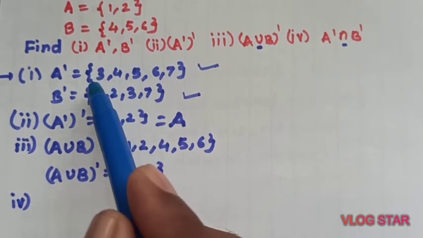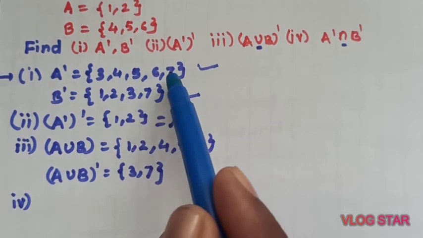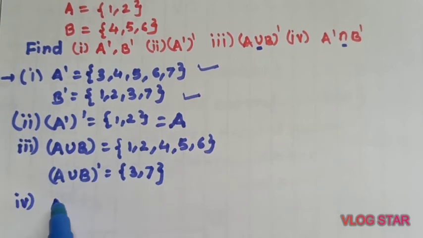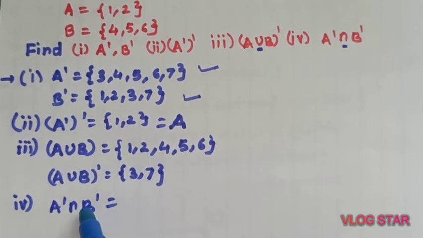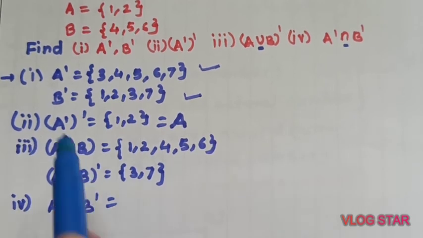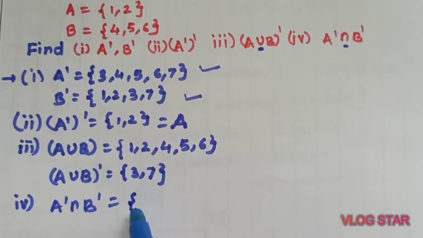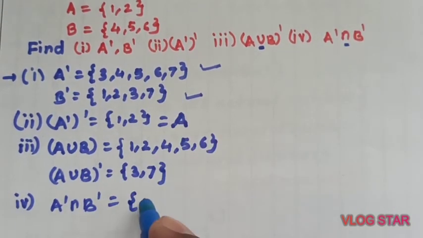The common element in them is 3 and 7. So A complement intersection B complement means common elements in A complement and B complement. In these two sets, what are the common elements? 3 and 7.